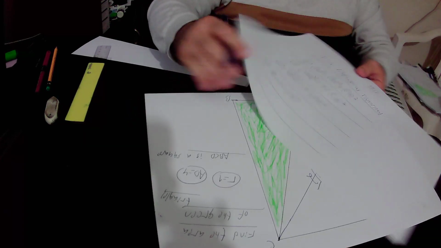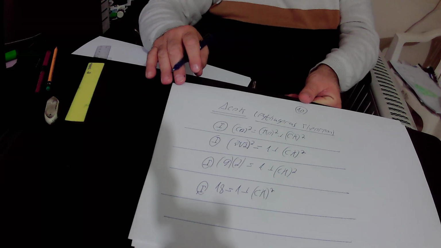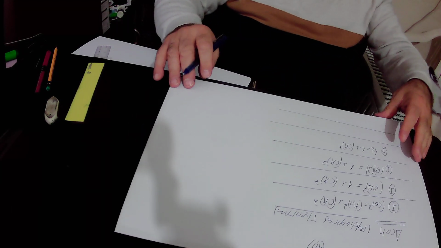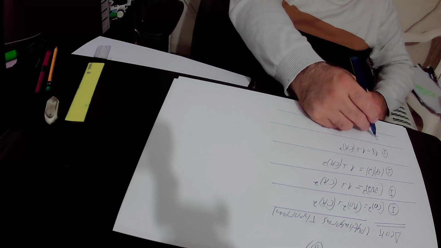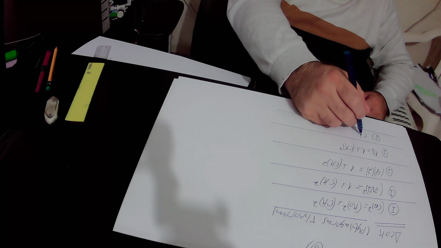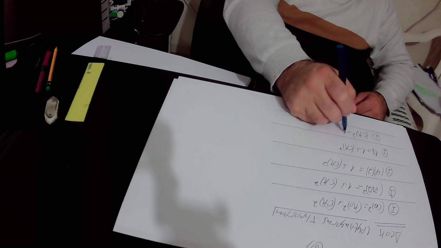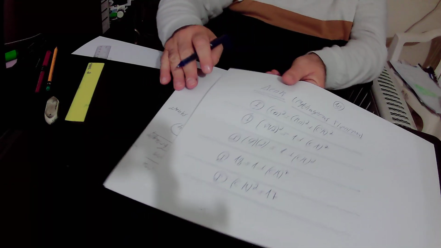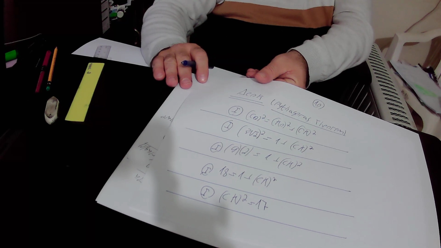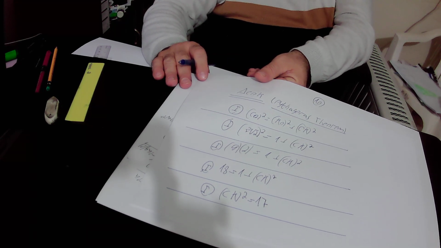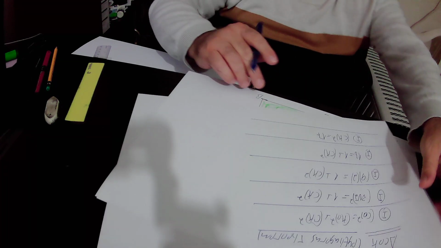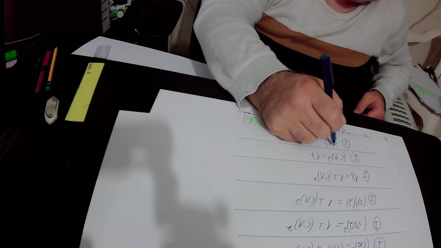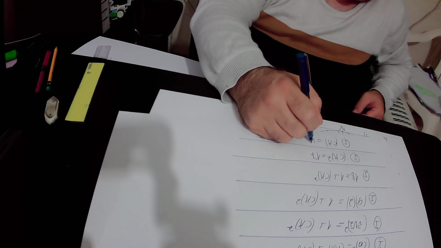We will subtract, and we will get that 18 minus 1 is 17. 17 equals CK squared, according to equation number 1. So CK squared equals 17. We will take the root, and we will get that CK equals the square root of 17.